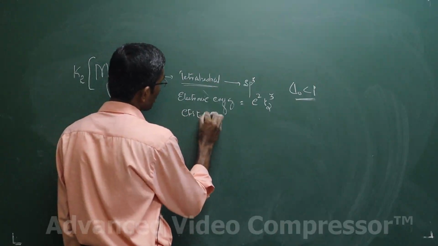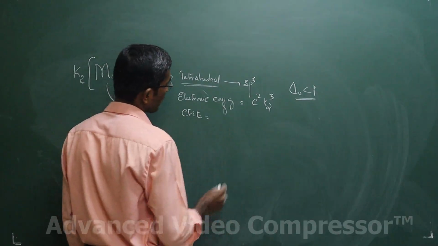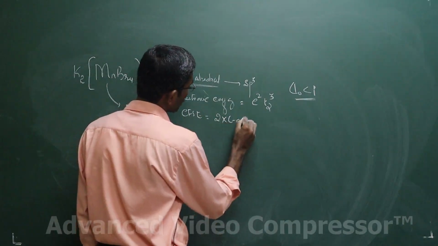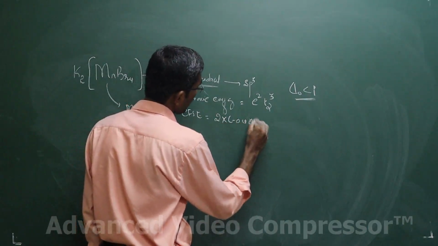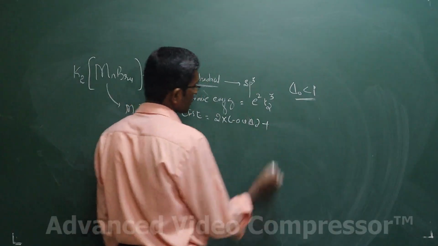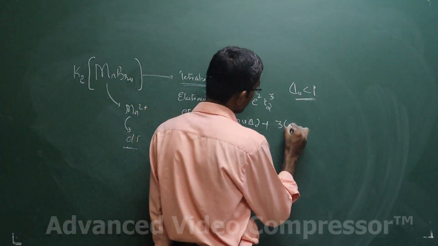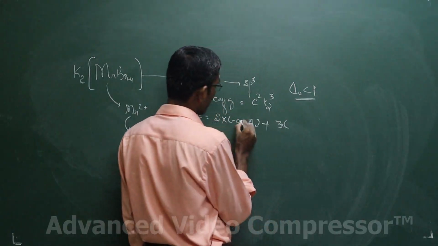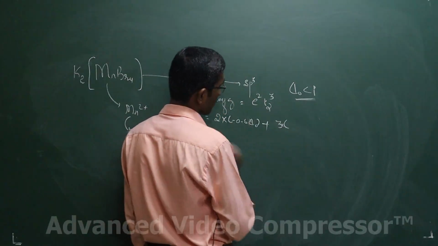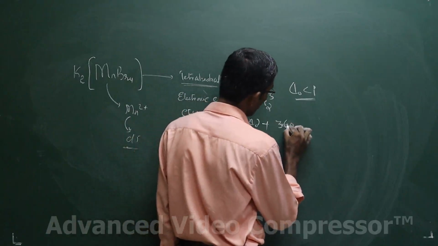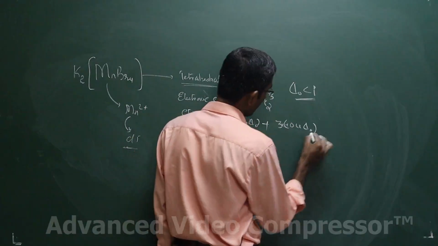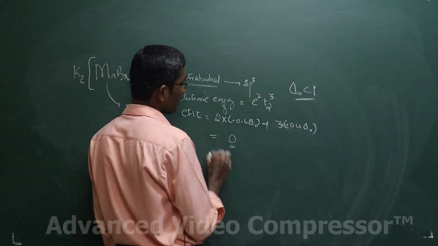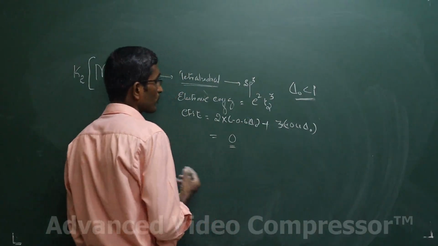What is the CFSE value for this complex? CFSE will be 2 into minus 0.6 delta plus 3 into plus 0.4 delta. That means the CFSE is 0 for this complex.